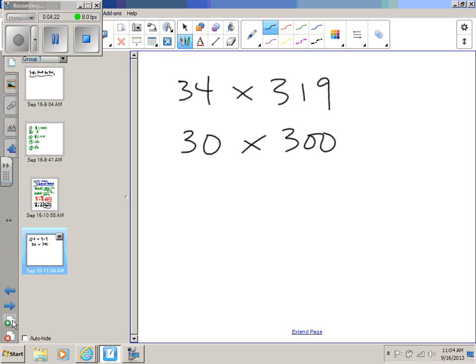You may be rounding some of these factors to different place values, and that's okay, because we want to be able to use our trick. So 3 times 3 is 9, and then I've got 1, 2, 3 zeros, and will give us 9,000. Okay, so the process pretty much stays the same.